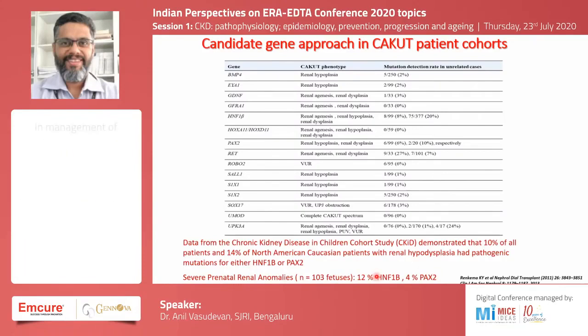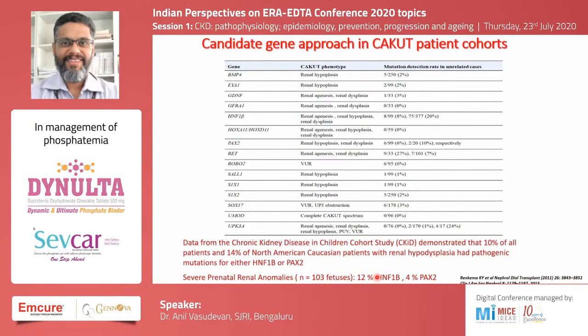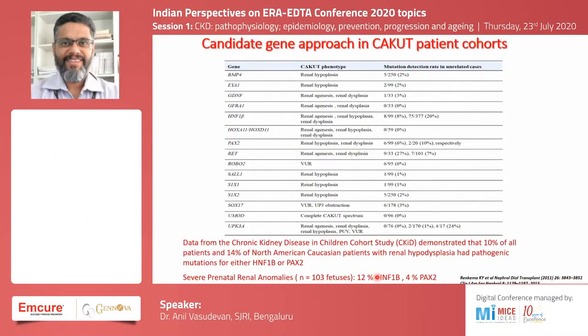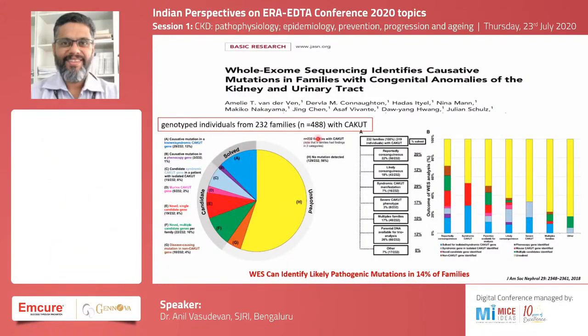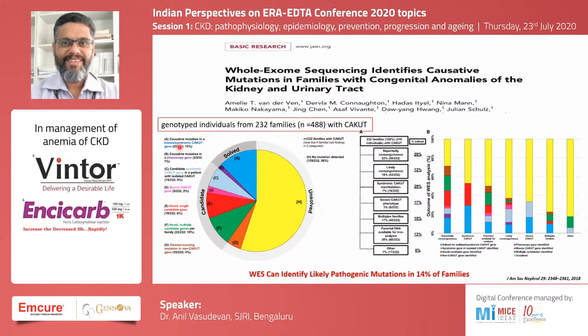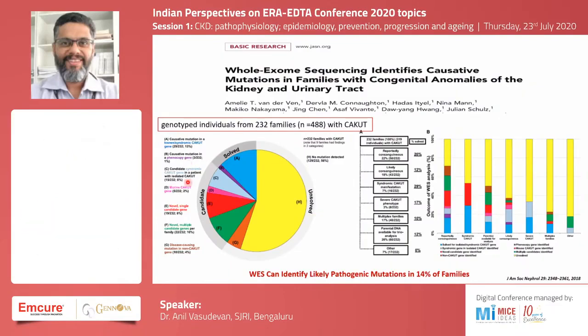So while a single gene technique can identify few genes, with the advent of next generation sequencing, more and more genes are being identified. And this is an example of whole exome sequencing done in one of the largest cohorts of children with CAKUT, 232 families with nearly 500 children. What you can see is that around 13 to 14% of the children were identified to have mutations in this cohort.